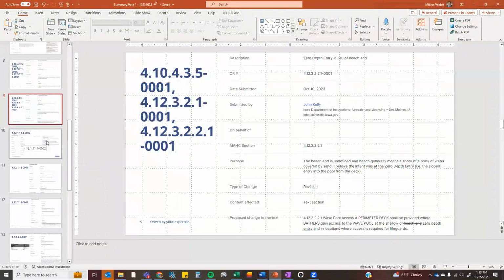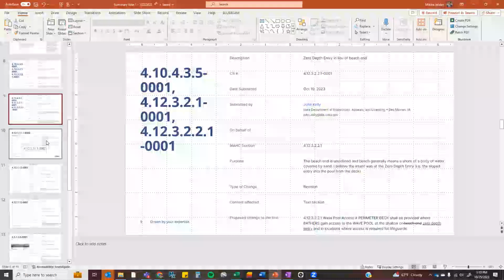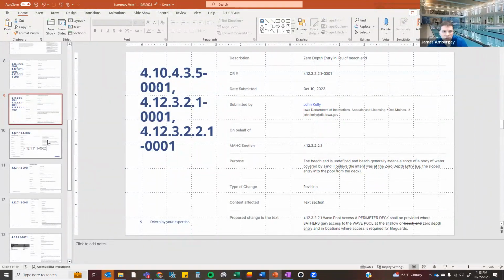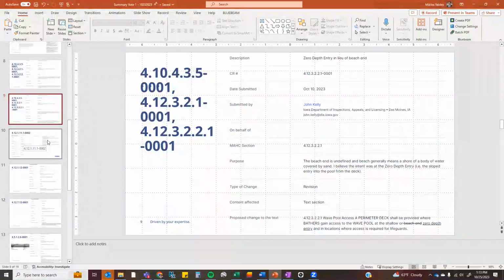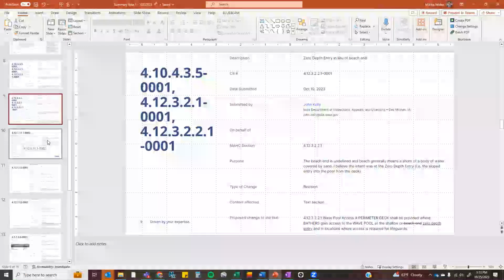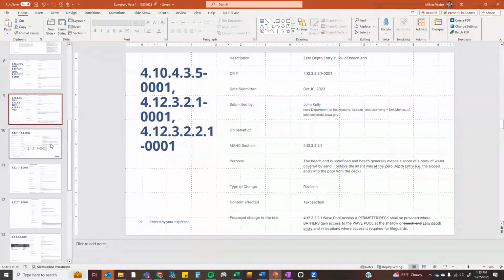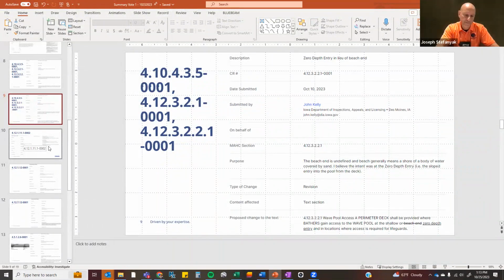The zero depth entry should be in line with the surf venue. So it should be okay on that. Surf venues may have beaches though. Yeah, I don't mind the zero depth entry part, but then some of the requirements that are part of that particular item. No, zero depth entry would still apply. And I believe that's what is in the surf venue CR as zero depth entry. Okay. Yeah. So we should be good there.